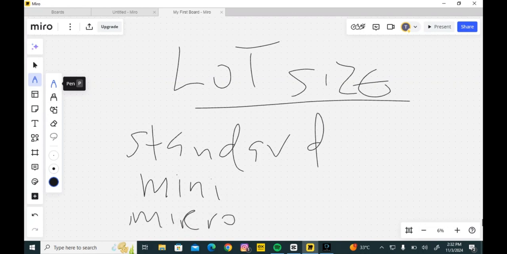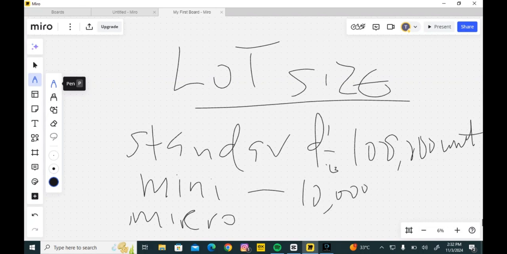The standard lot is equal to 100,000 units, while the mini is equal to 10,000 units, and the micro is equal to 1,000 units.